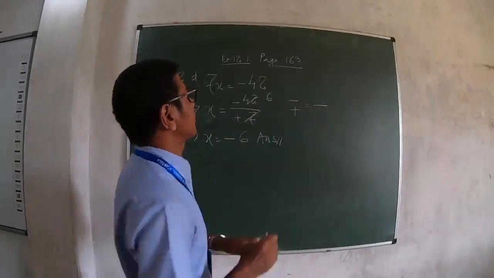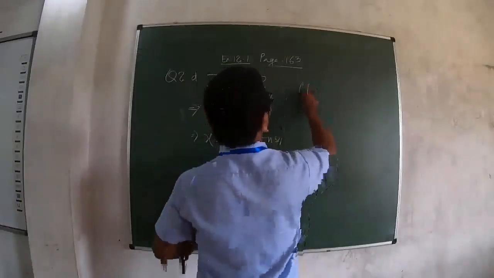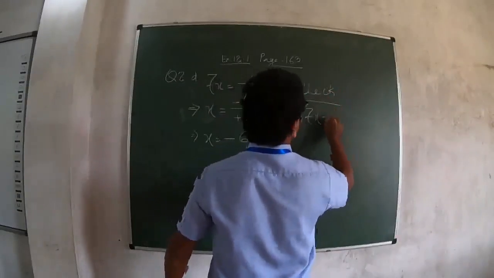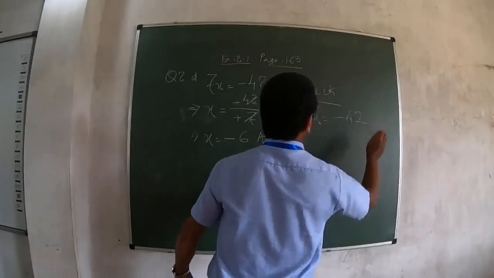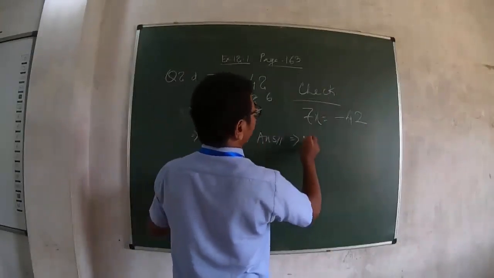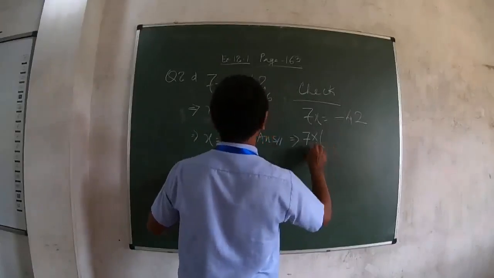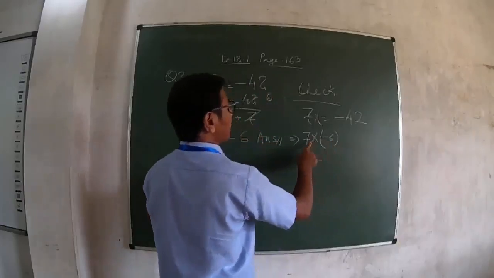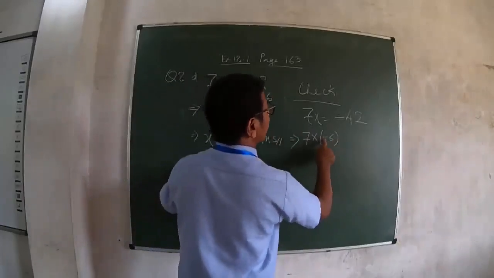Let's check. 7x equal to minus 42. What is the value of x? Value of x is minus 6. So put minus 6.